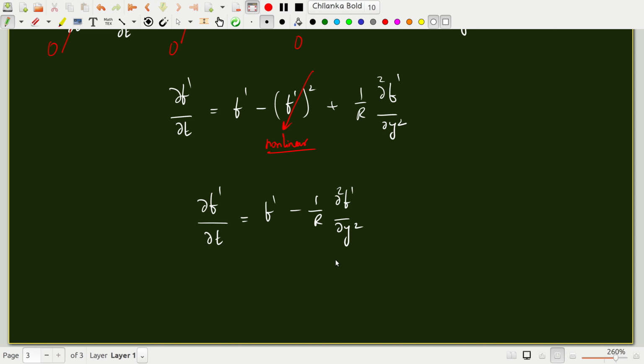Now the next step is, let's use two approaches. I'm going to show you how to solve this using both the approaches.